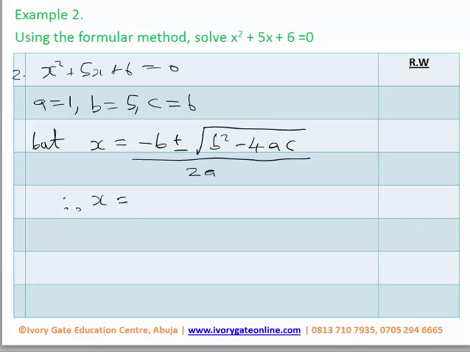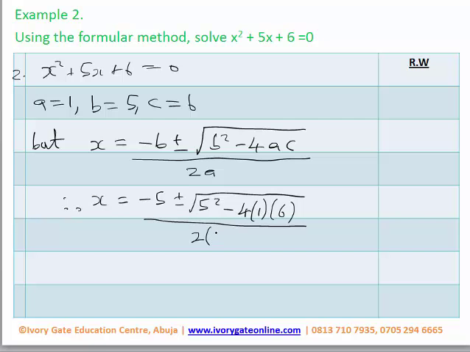Therefore, x is equal to minus b, which is minus 5, plus or minus square root of 5 squared minus 4, a is 1 here, then c is 6 here, then all over 2a, and a is 1 here.